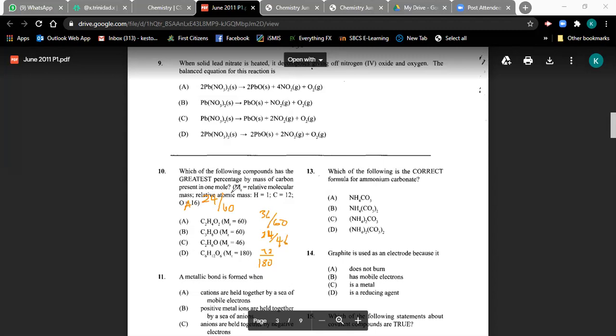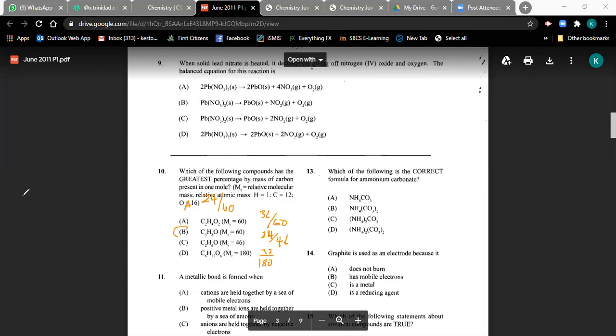So which one? I think it's C. 24 divided by 46. That's 0.52, 52%. 36 divided by 60, 60% for B. 40% for D. 40% for A. Correct answer is B. Right?